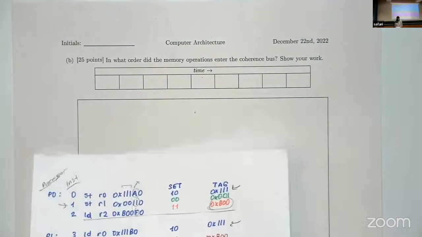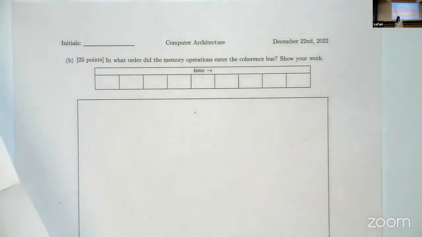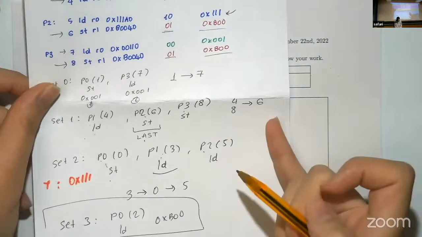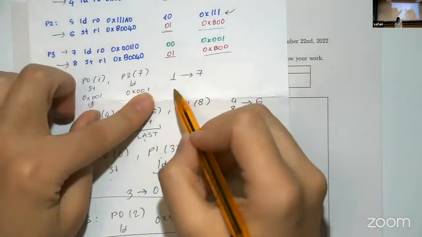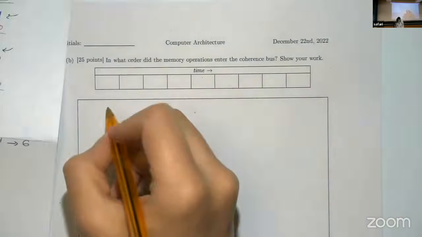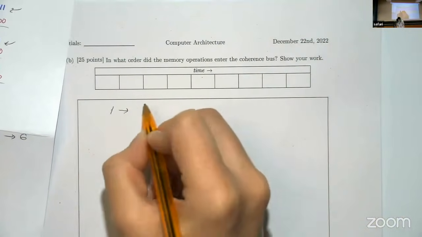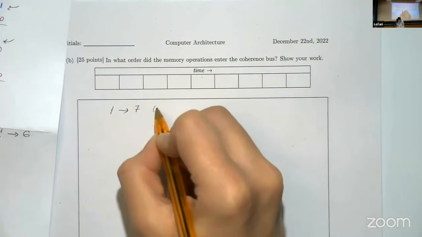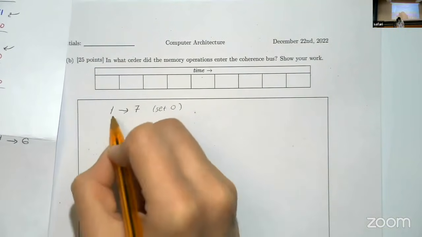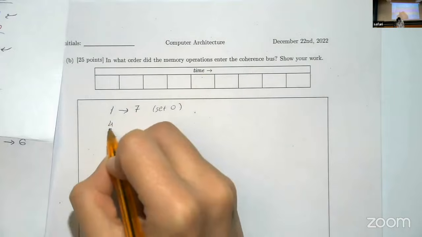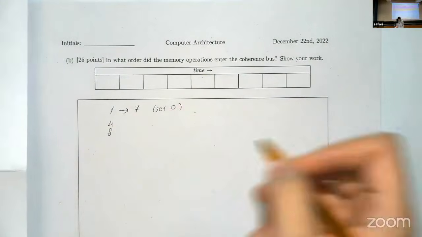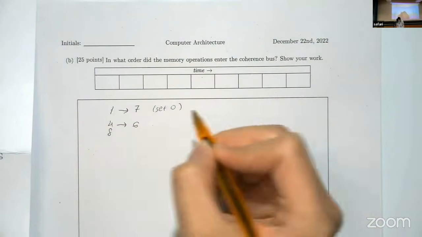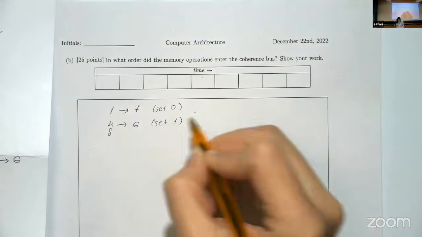But we basically created this order between different instructions from different processors, right? So we know that instruction 1 was executed first, and then 7 was executed from set 0. And then we know either 4 or 8 was executed first, and then the other. And then we executed 6, which was from set 1.